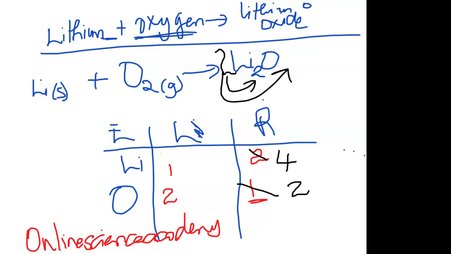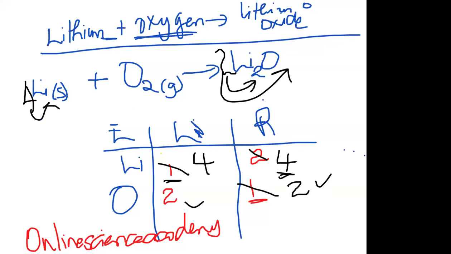All right, so my oxygens are balanced. My lithiums are not balanced. I have 4 and I have 1. One number multiplied by 1 gives 4. So I put 4 in front of lithium. So 4 goes here. 4 times 1 is 4.